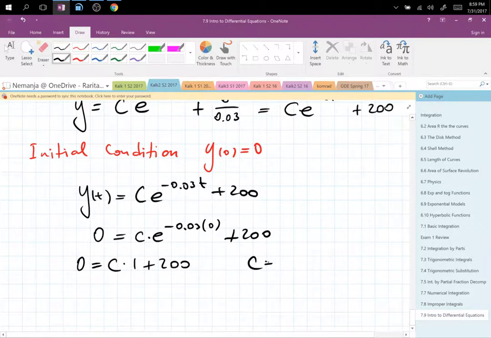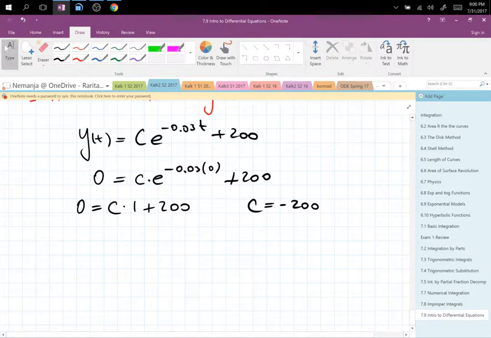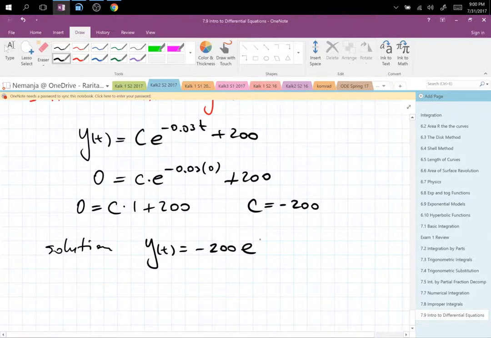We get that C is equal to negative 200. So what is the solution? Y of t is equal to negative 200 e to the negative 0.03t plus 200.